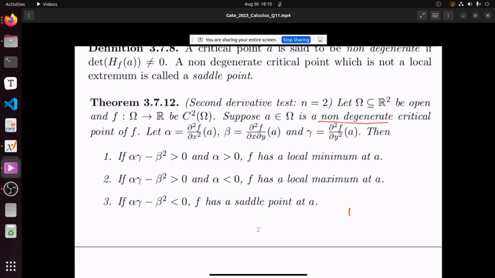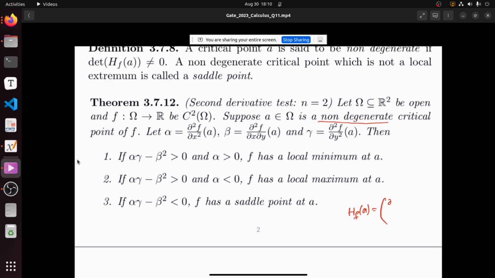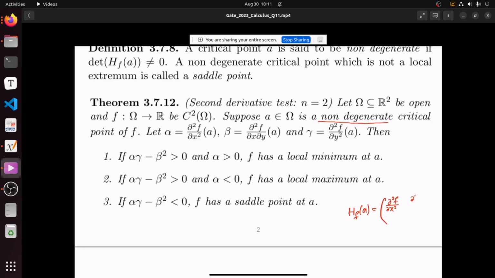So what this is basically saying is that for n equals 2, if you look at the corresponding Hessian matrix of f at A, it looks like del 2f by del x2, del 2f by del x del y, because this is a symmetric matrix, del 2f by del x del y and del 2f by del y2.